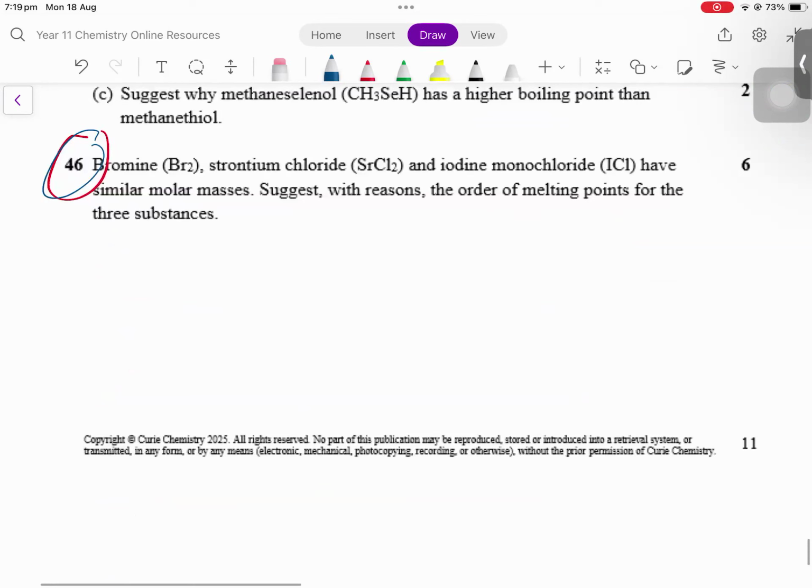46. Bromine, strontium chloride, and iodine monochloride have similar molar masses. Suggest with reasons the order of melting points for the three substances. When you get asked to explain different properties in Module 1, I need you to keep in mind that with melting point or with boiling point, it depends on the strength of the forces.